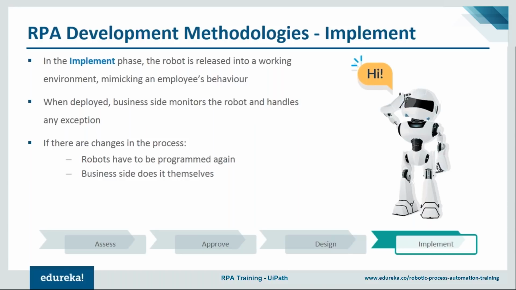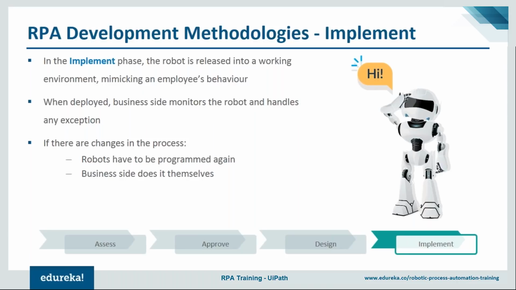So like I said, if you were to recap, in the assess stage, you took the requirements from the customer. In the approve stage, you scheduled the requirements, you put them down according to importance, and then you get an approval from your management team or from your customers. Once you have an approval comes the design stage where you actually design your project and test it locally.